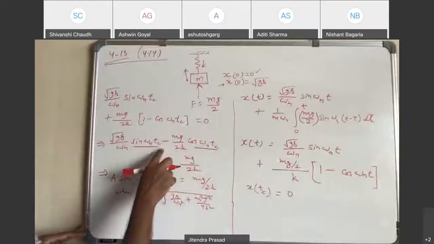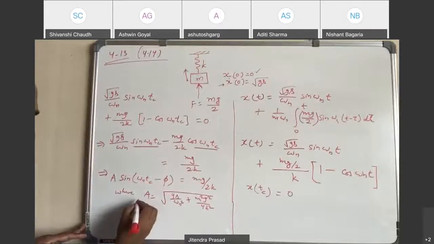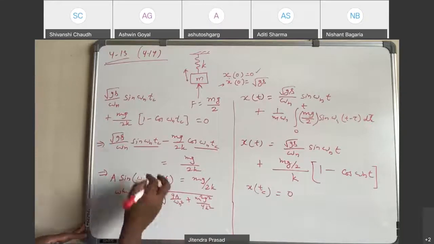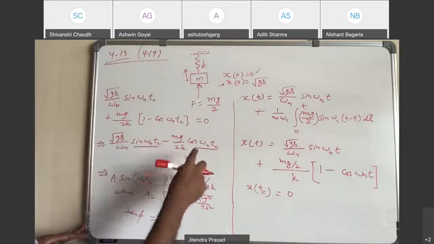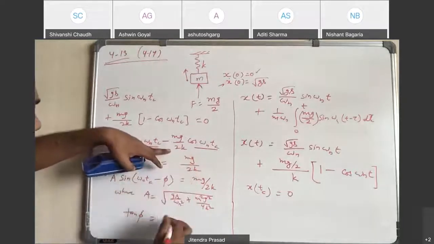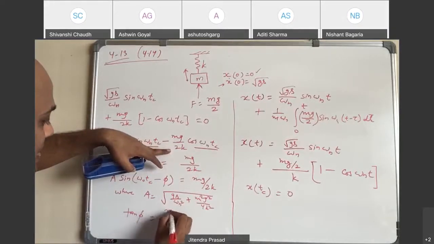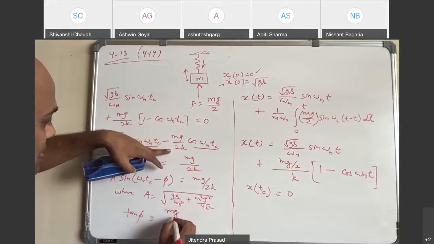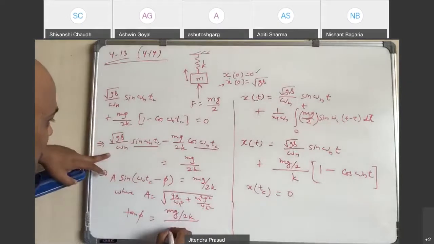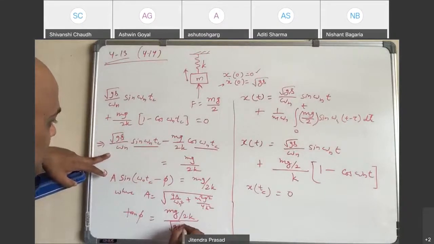Okay, and then there will be tan phi. So this is cos, this is sine. So we get tan phi equal to mg over 2k divided by root gs divided by omega n.